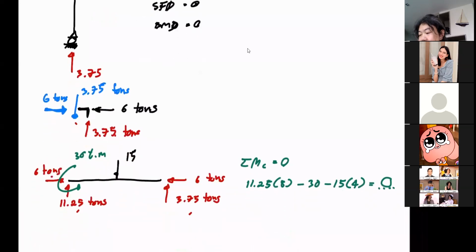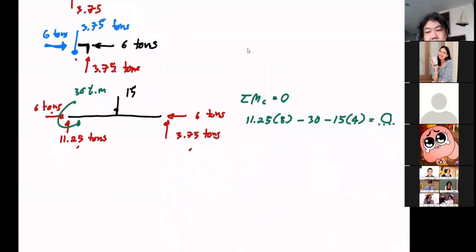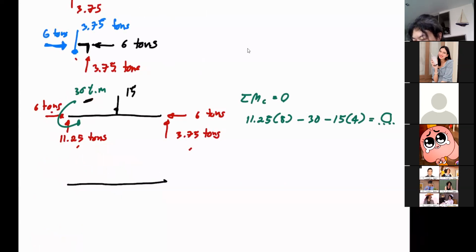Okay, now what is left with this one? Now this is not a regular beam anymore because of the presence of this moment. You can see that now. You need to include that in your bending moment diagram, correct? So let's complete your shear force diagram first. So this is a regular beam in that sense. 11.25 here, constant until 15.